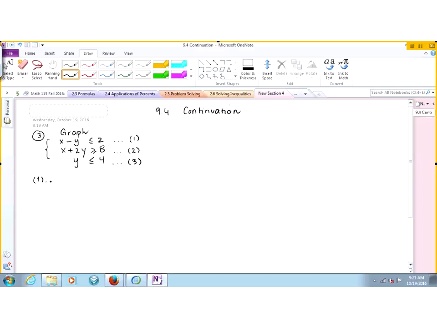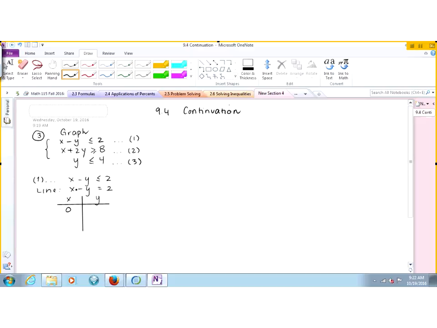Now, what should we do on the first equation? X minus y is less than or equal to 2, and the equation of the line is x minus y is equal to 2. Good. Now, how are we going to graph this? Find the intercepts.